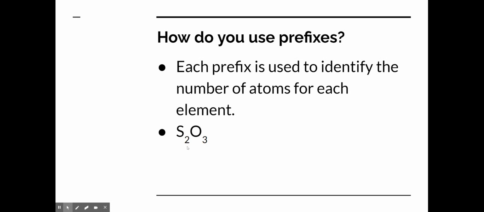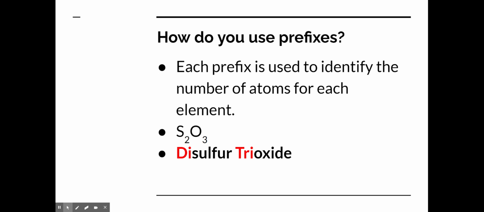The answer is 2. What is the prefix that means 2? It is di. What is the subscript for the oxygen? It is 3. What is the Greek prefix that means 3? It is tri. So this name becomes disulfur trioxide.